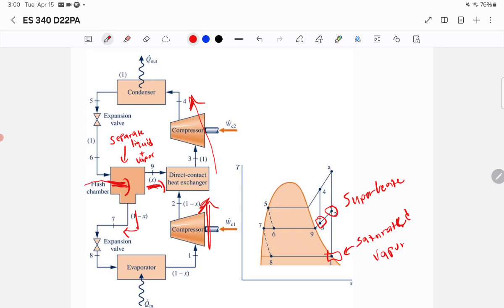Then it goes through another compressor and remains superheated, but again through an isentropic step across the compressor. Then when it goes through the condenser, it condenses and becomes a saturated liquid. And then we have a step where we do some kind of throttling.